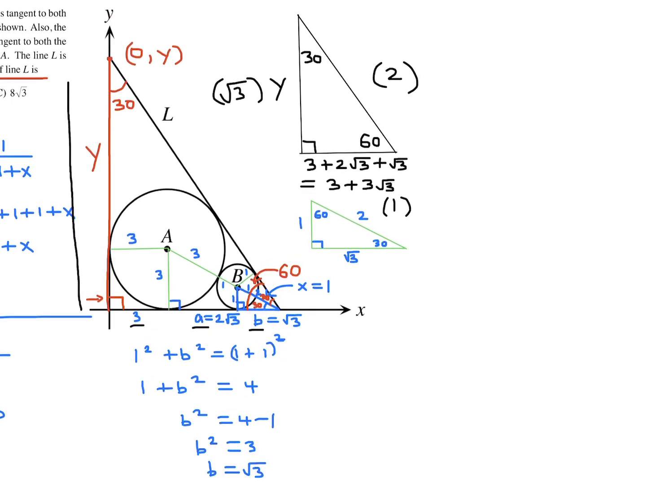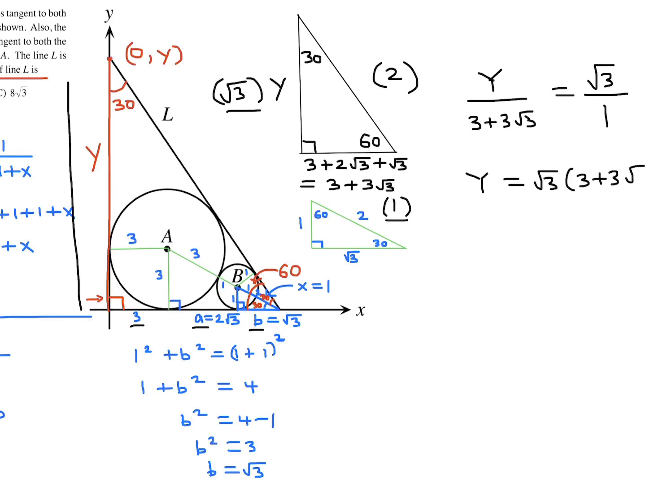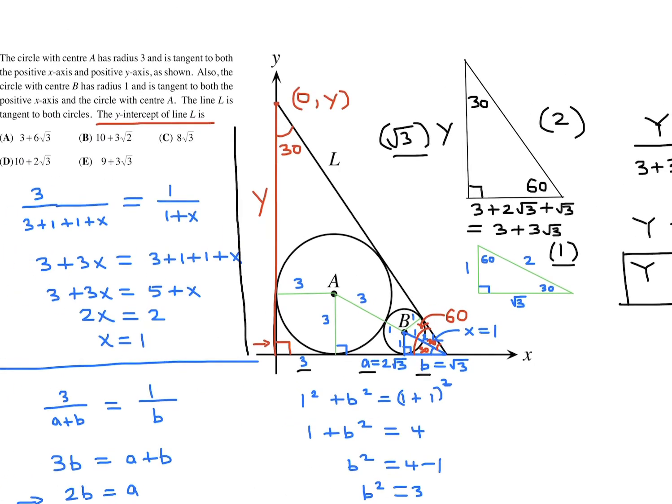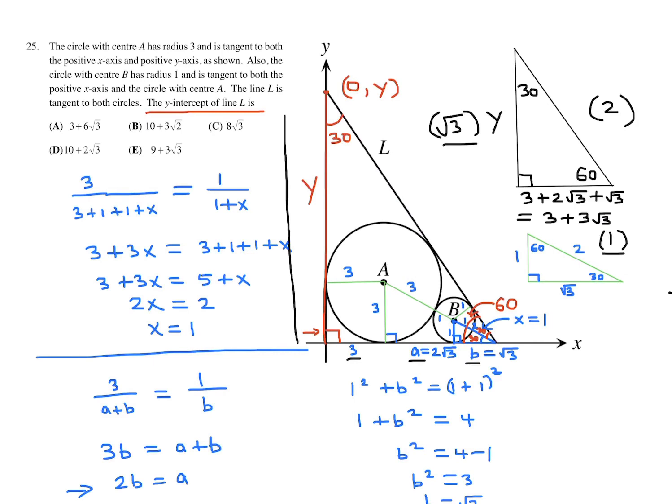So that means that y over the base, which is 3 plus 3 root 3, is equal to the ratios, which is root 3 over 1. So let's solve for this. So this becomes y is equal to root 3 times 3 plus 3 root 3. And this looks like 3 root 3 plus 3 times root 3 times root 3, which becomes 3 times 3, which is 9. So there you have it. 3 root 3 plus 9. And that would be choice E.